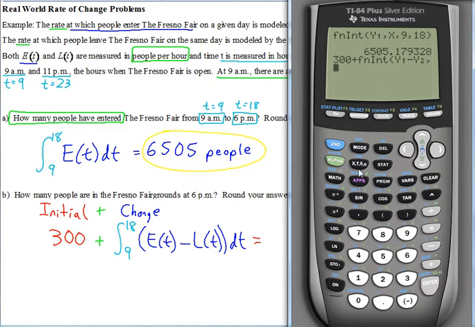And then comma, variable x, comma, lower limit 9, comma, upper limit 18. And then enter. And we see there's actually 3,613 people, down to the nearest person.